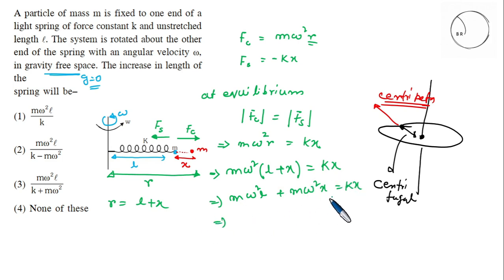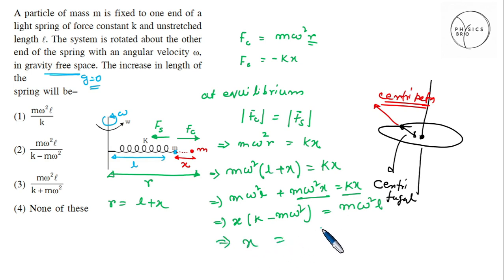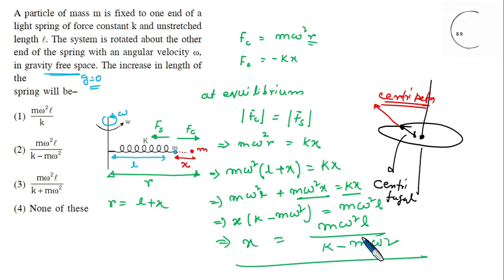We are taking this term and this term on the same side, and taking x outside. So we get k minus m omega square, which equals m omega square L, or x equals m omega square L by k minus m omega square. So we have this answer, and I think option 2 is the correct answer for this problem.